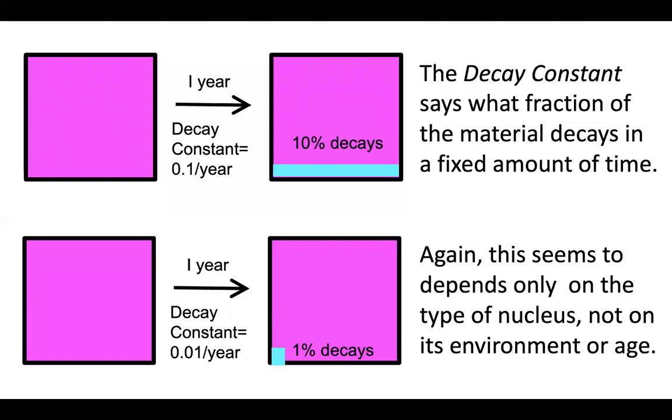So about 5, actually. So this behavior is consistent with this idea that there's a decay constant, that no matter when you look, the fraction that's going to decay in the next little bit of time is constant and predictable.